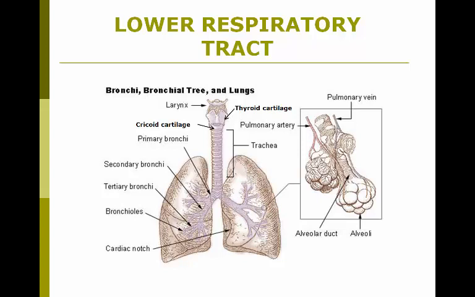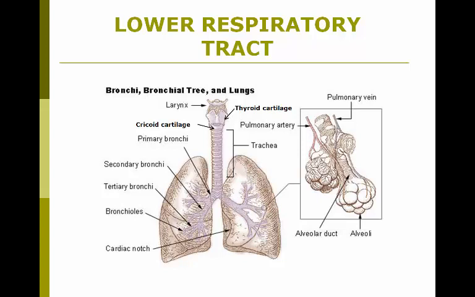They're not labeled, however, but you have the right upper lobe, the right middle lobe, the right lower lobe. The left lung has only two lobes, the left upper lobe and the left lower lobe. Notice that the left lung has a feature called the cardiac notch. It's an indentation where the left border of the heart presses into the substance of the lung on that side.